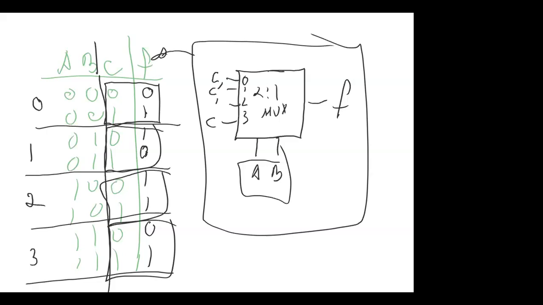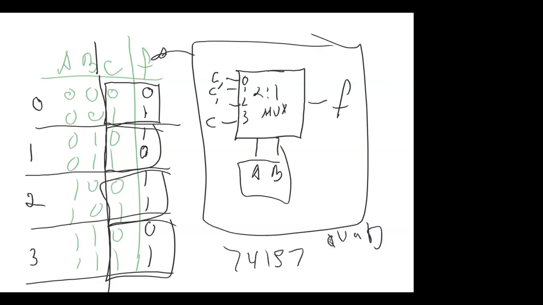So if you get a 74157, you will have 4 2-to-1 multiplexers in a single package, which you can do whatever you like with. They call that 4 or quad.